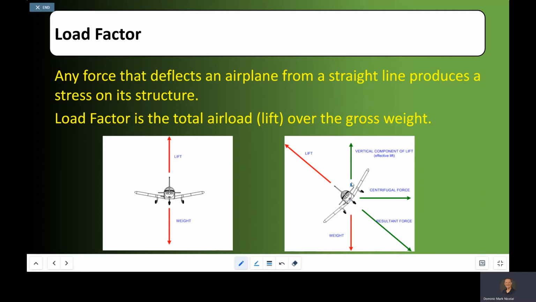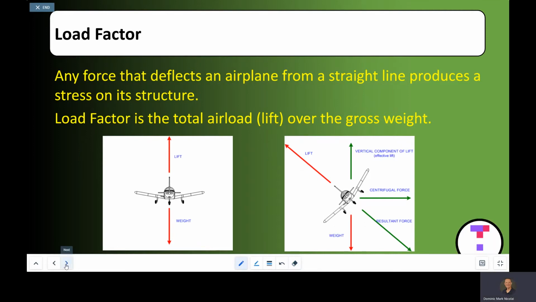So we need a vertical component of lift that's equal to the weight of the aircraft. So we're pulling on the yoke to increase our total lift so that the vector of vertical lift is equal to the weight of the aircraft. Since we're pulling more total lift, but our weight hasn't changed on the aircraft, the load factor has now increased.